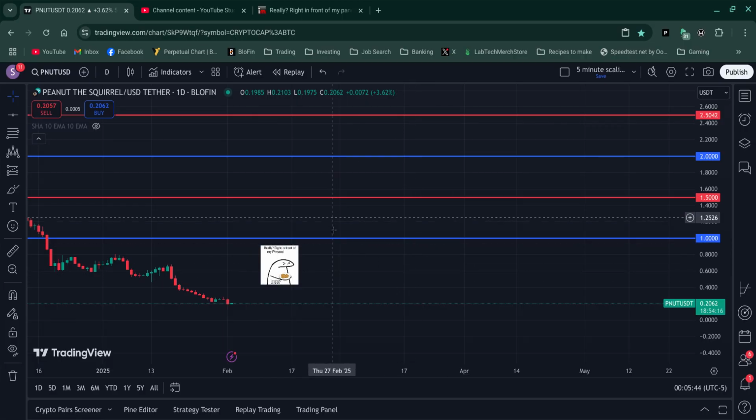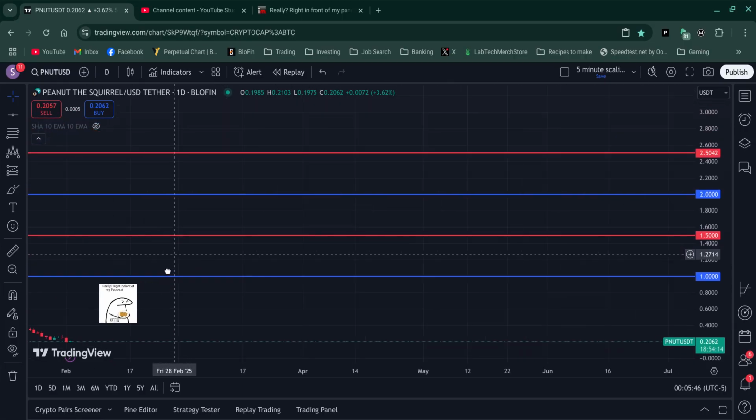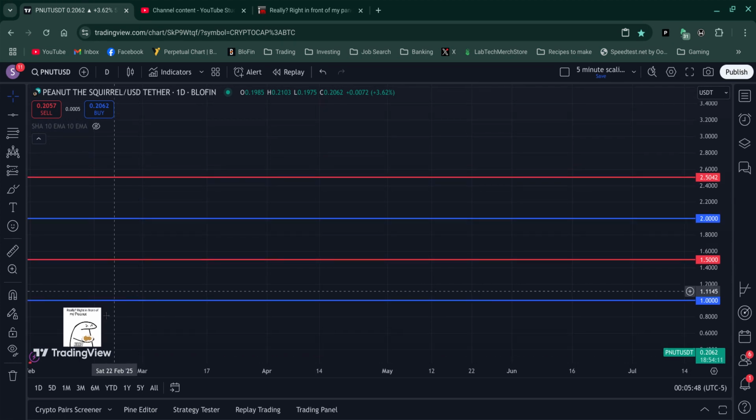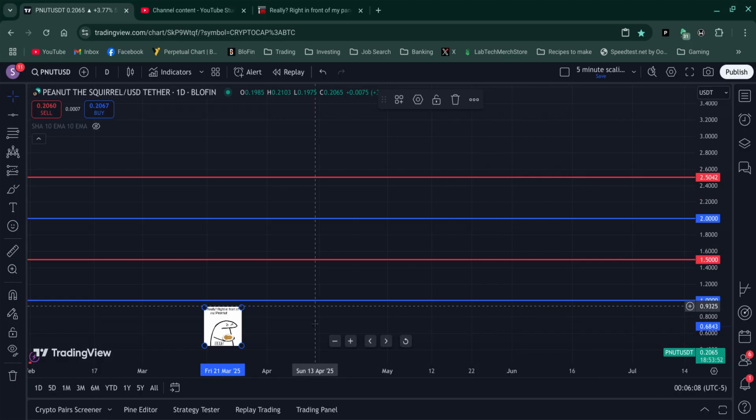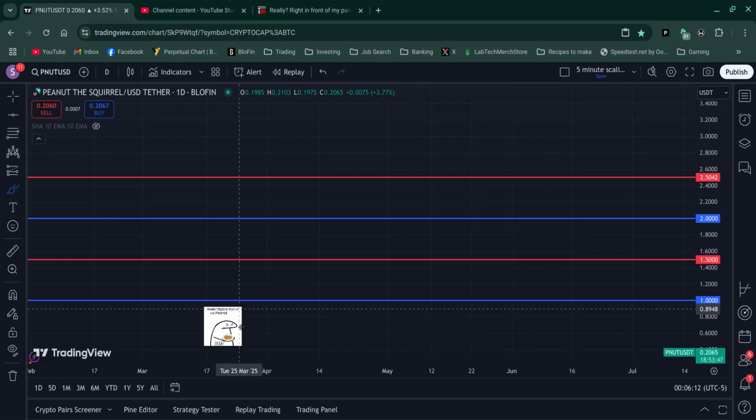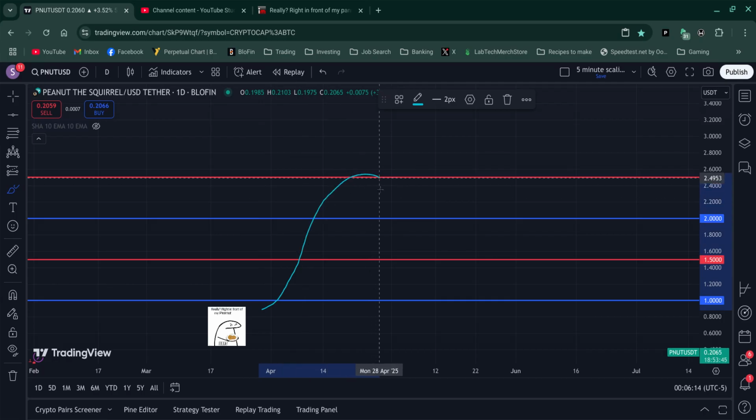You could say, for example, if Jerry wanted to trade peanuts and he thought, well, okay, I think peanuts are going to go up to $300, but they aren't going to go up there yet, and I don't know how long it's going to take for them to get up there. He might instead set up a grid just like this with two grid lines, one at $1 and one at $2, and then just let the price range in its normal sort of seasonal pattern.